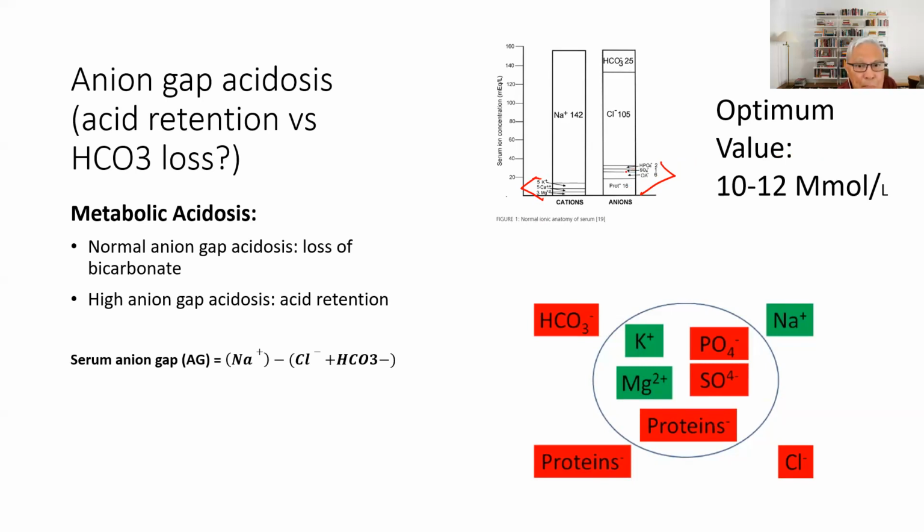These are very minimal. And therefore, we call them unmeasured cations and anions. So let me repeat that again. These things over here, because they are so negligible in number, are called unmeasured cations and anions.